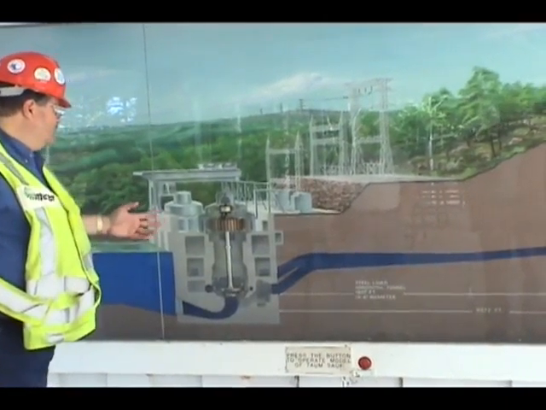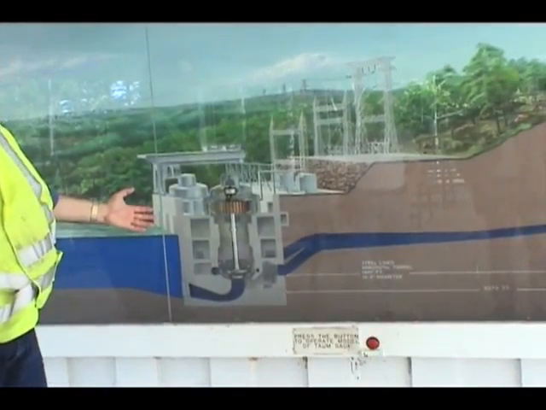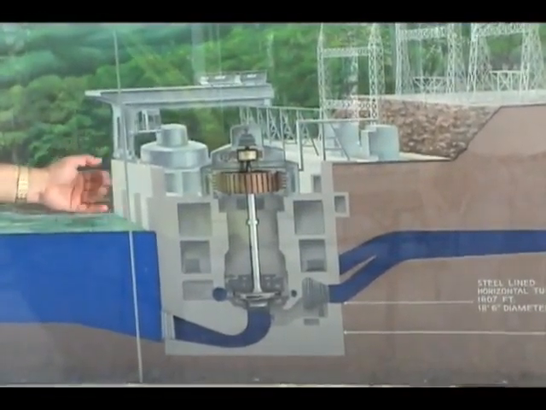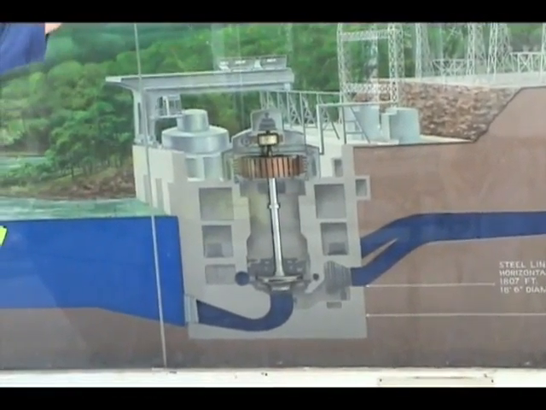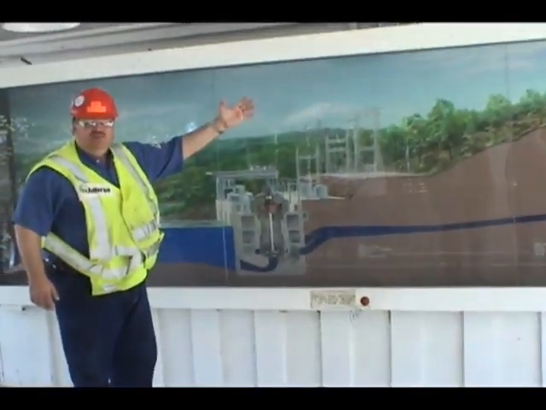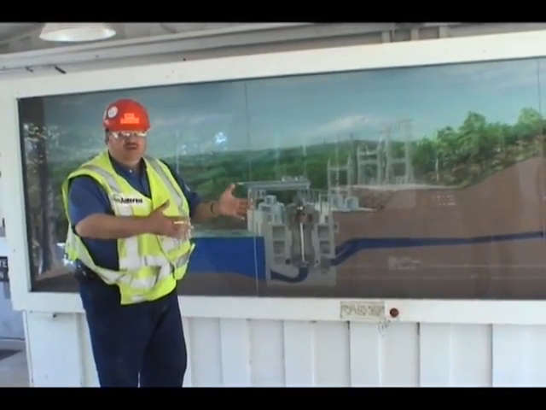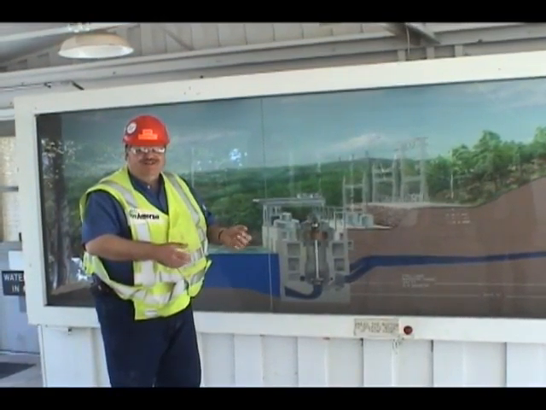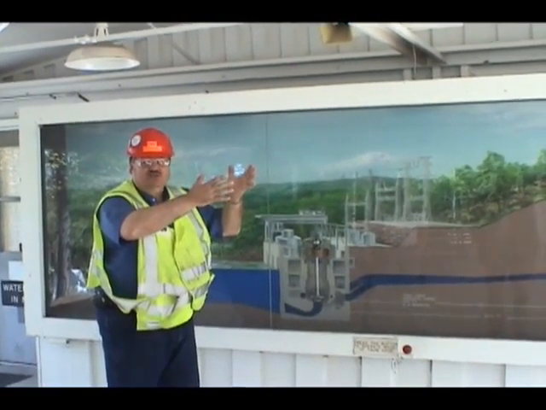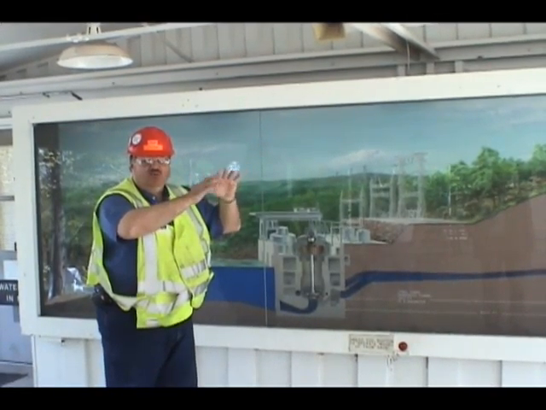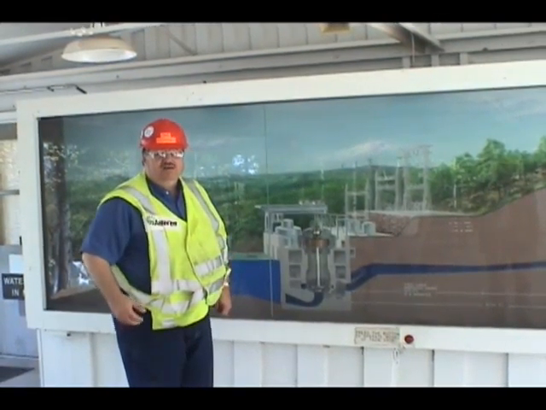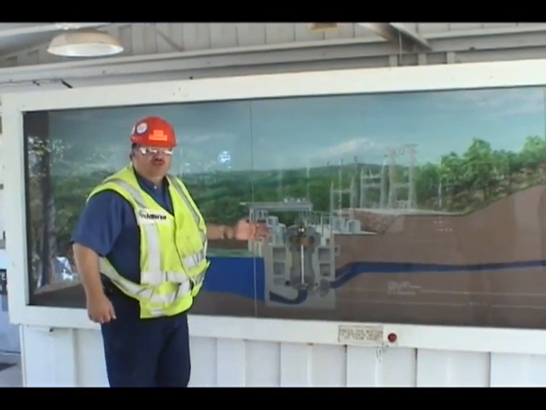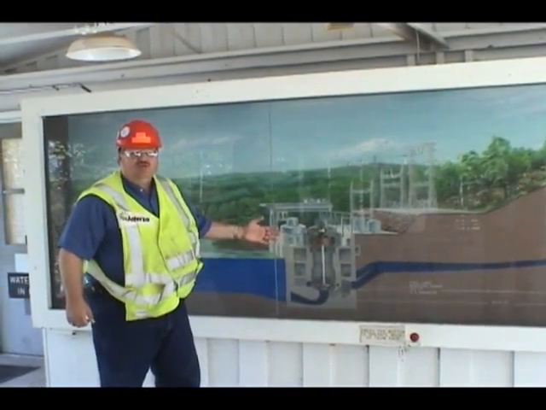The powerhouse has 2 reversible pump turbines. In one direction, they will move water from the lower reservoir to the upper reservoir. And they're inputting energy in moving the water and raising it to a height. And then we shut off, and when we need electrical generation, we reverse the direction the units turn.